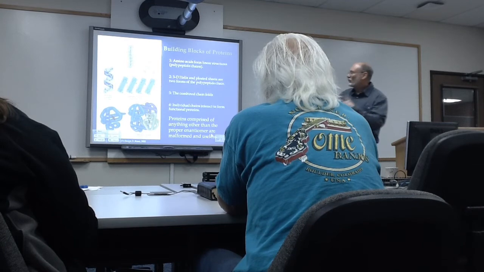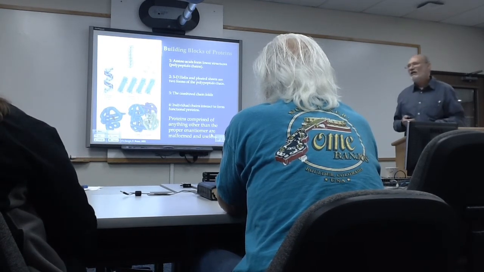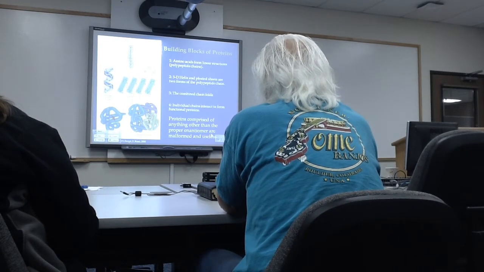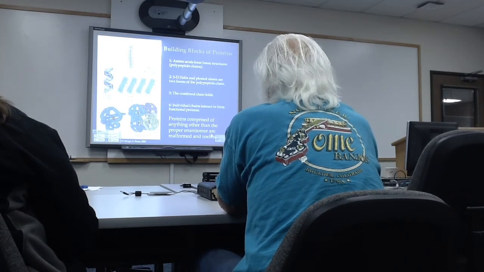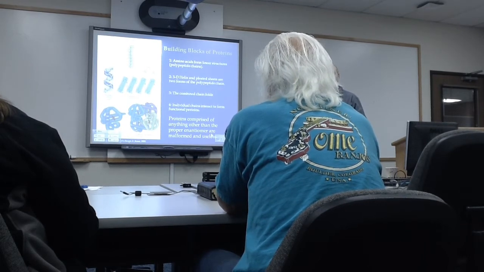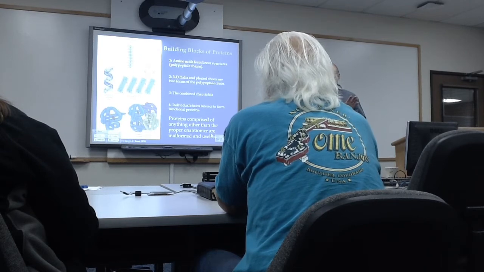But if you get 20, randomly assembling them to a length of 100, how many combinations are there? How many different combinations could you have of 100 using 20 components? The answer is 20 to the 100th power. That's a big number. So 20 with 100 zeros after it. That's how many different combinations there are.